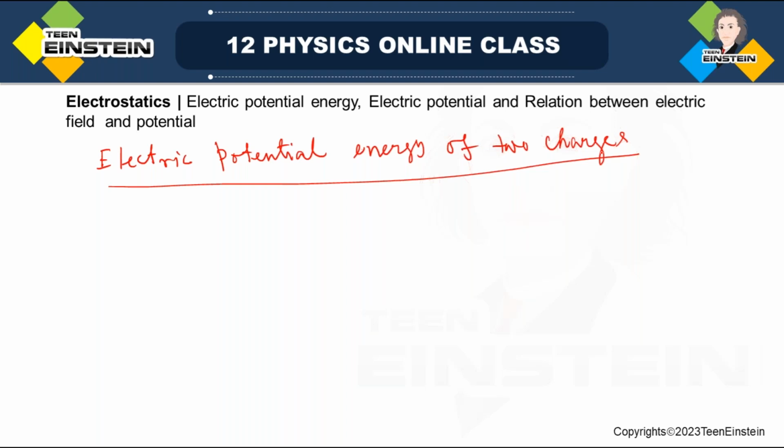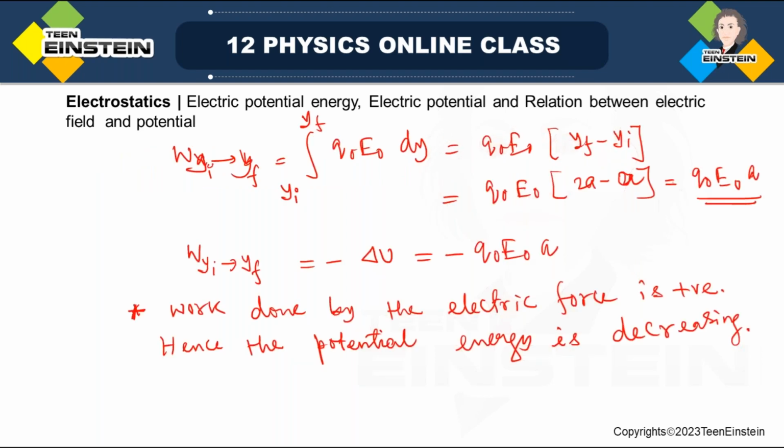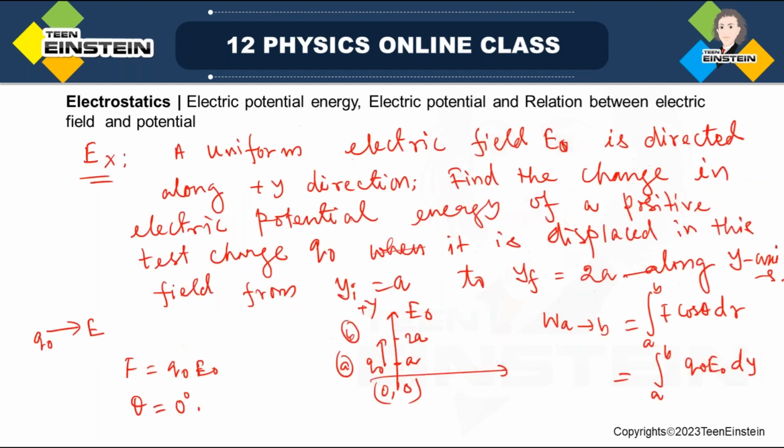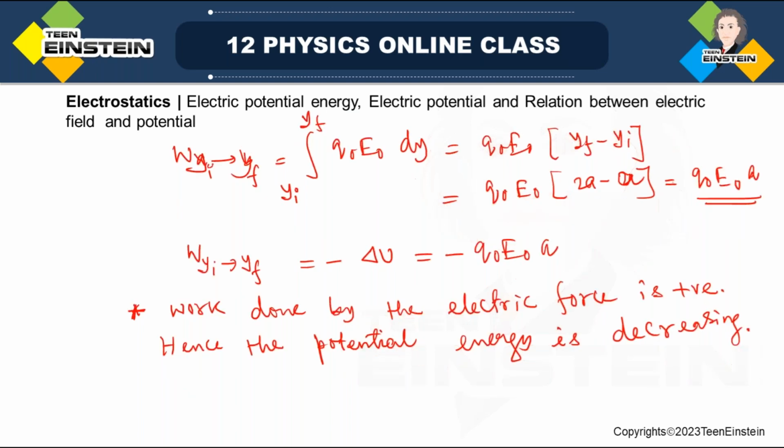The idea of electric potential energy is not restricted to the special case of a uniform electric field. In the previous case, we discussed work done with a uniform or constant electric field.